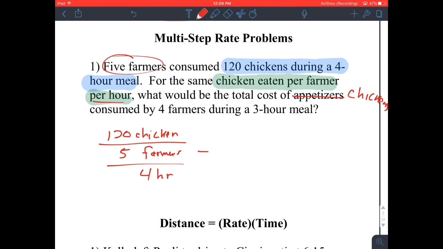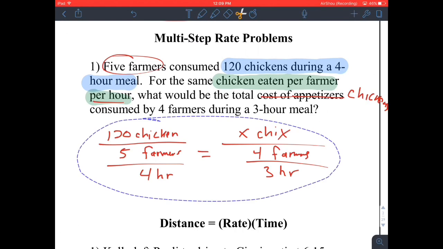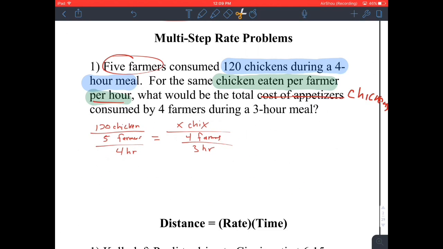So set this equal to the total number of chickens, we don't know what that is, consumed by 4 farmers during a 3-hour meal. So we have this ridiculous complex fraction. The labels are really important to put on at the beginning so you understand how the relationships work.